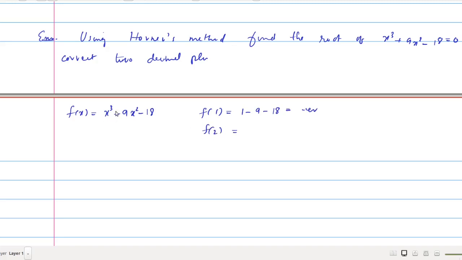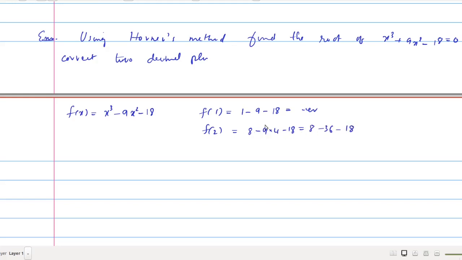When you evaluate f of 0, you get again a negative number, so just evaluate f of 2. F of 2 will be 8 plus 9 into 4, that is 36, minus 18.